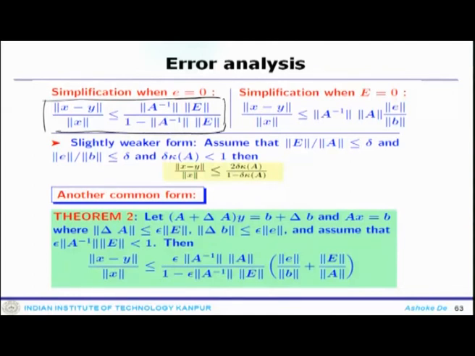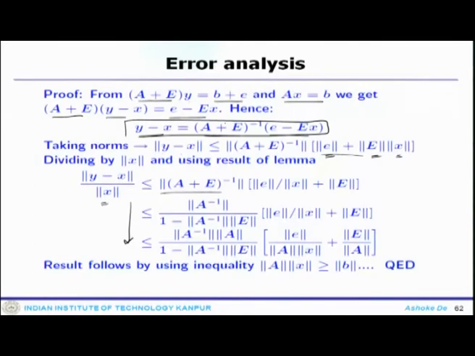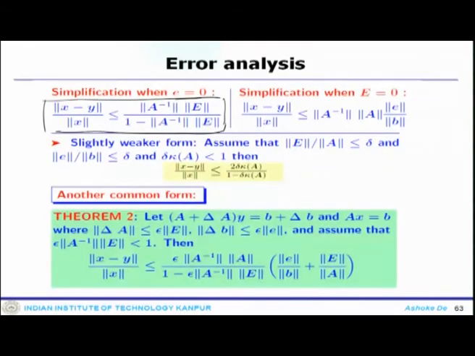From the generic case you can always simplify for the special cases, and the simplification when capital E is 0 is that the norm of x minus y by the norm of x is less than A inverse times A times epsilon by B. So, that is another simplification which you can do.